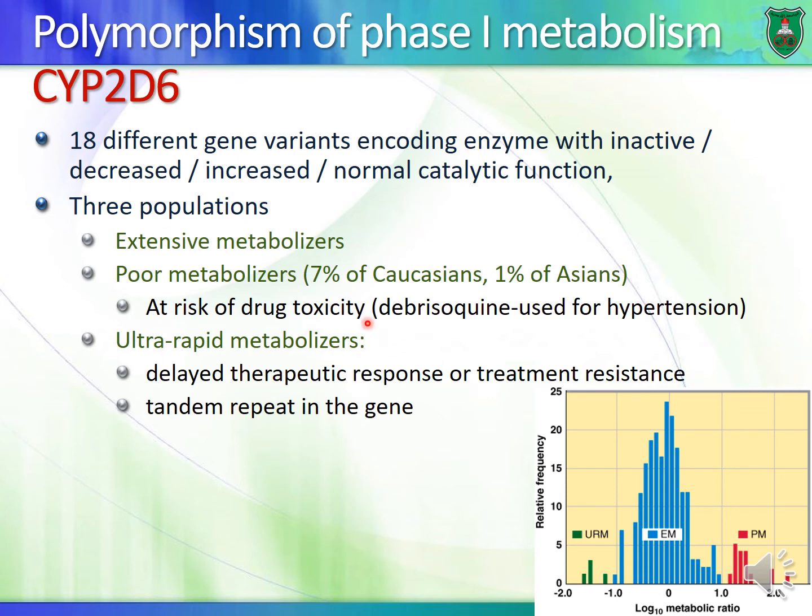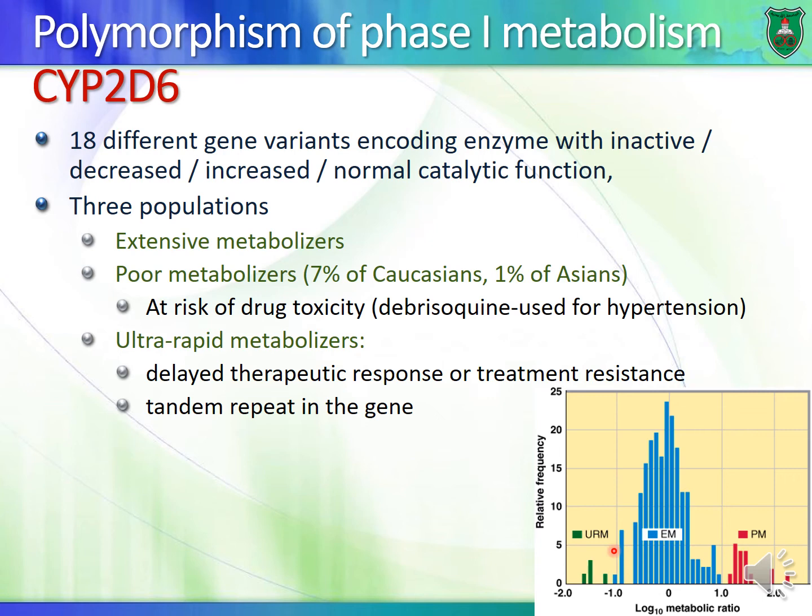Studies have shown that there are three populations of individuals according to how they metabolize different drugs using this enzyme. You have extensive metabolizers, who are normal individuals, ultra rapid metabolizers, and poor metabolizers.